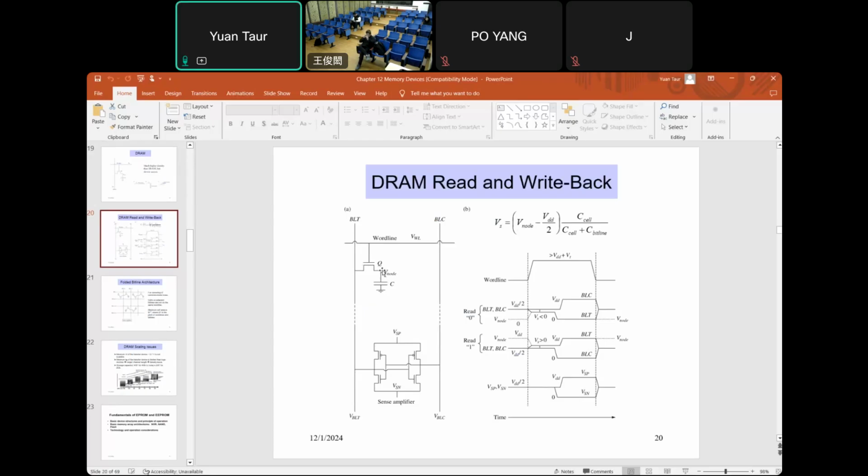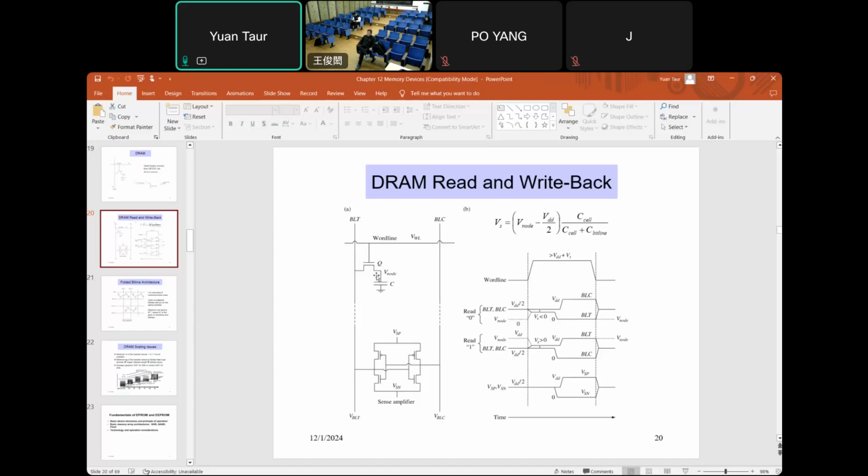So VGS is the word line voltage minus V node, and if that's VDD, then the V node can only go to VDD minus VT, because above that this transistor turns off.